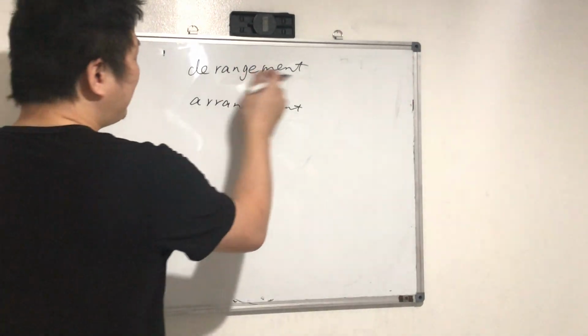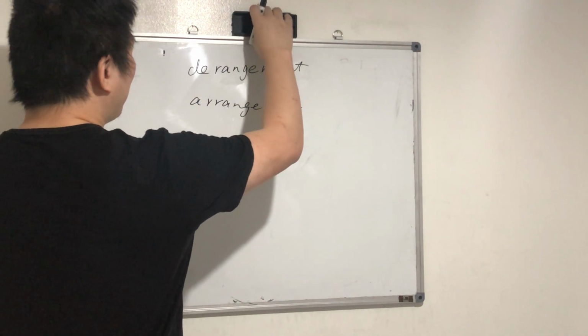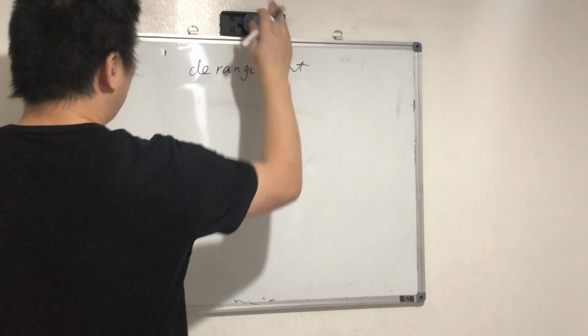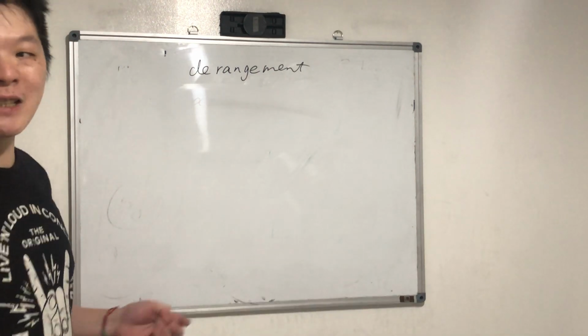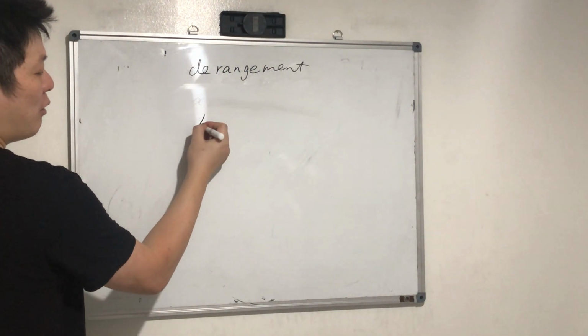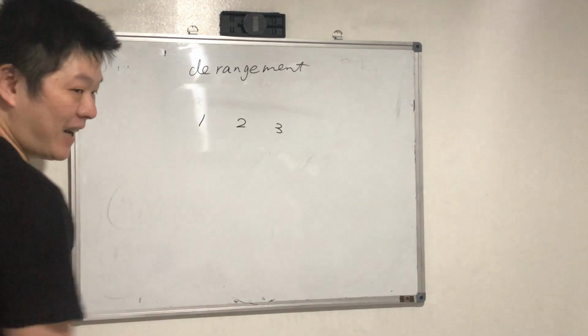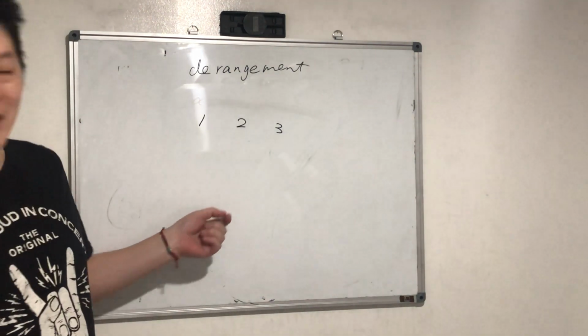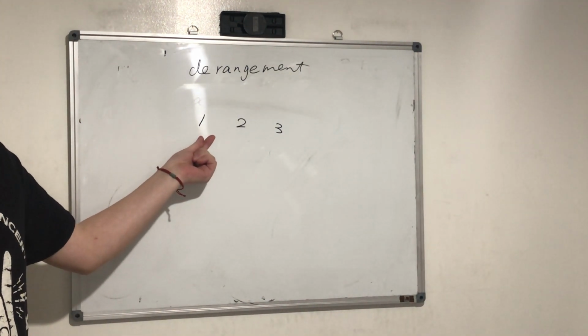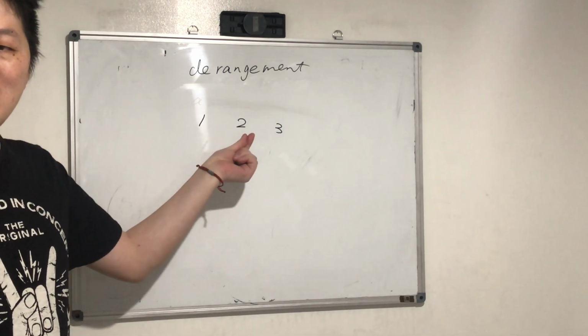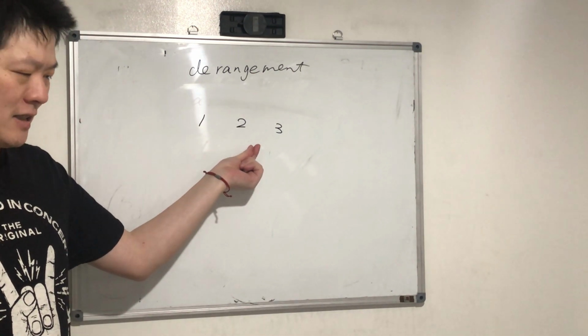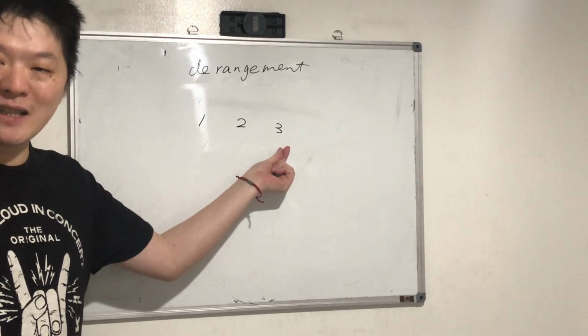But this has a special meaning. Look, if there are three numbers, what's arrangement in order? It will be 1, 2, 3, right? That's in order because the first number is in the first place, the second number is in the second place, and the third number is in the third place.